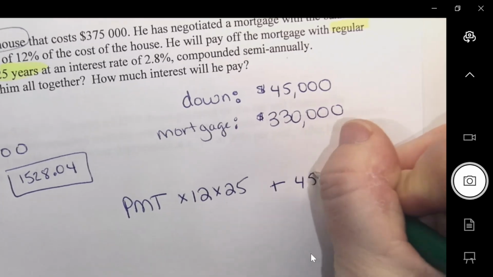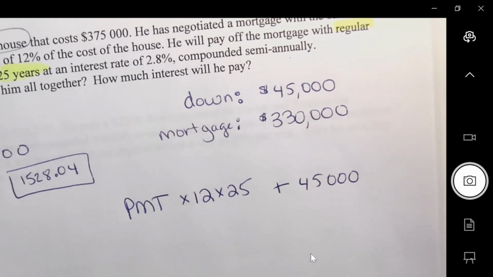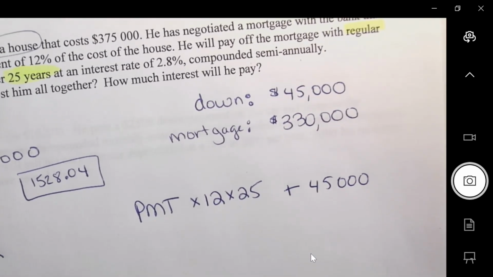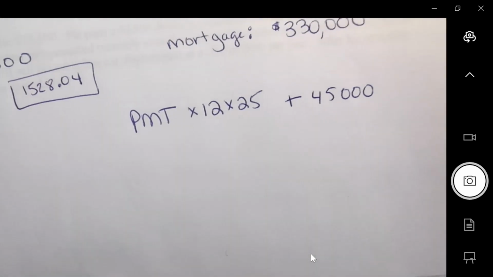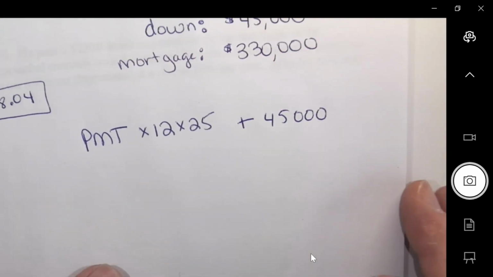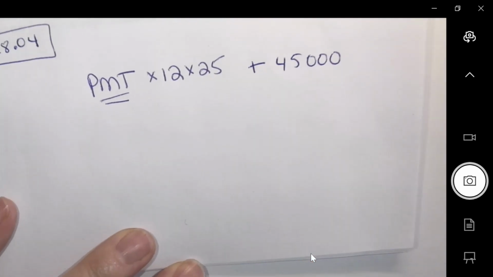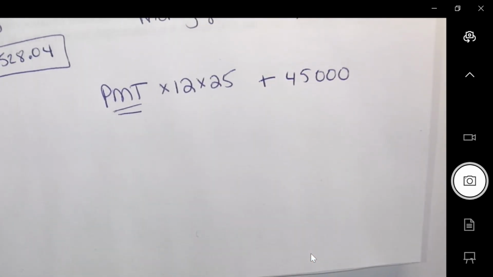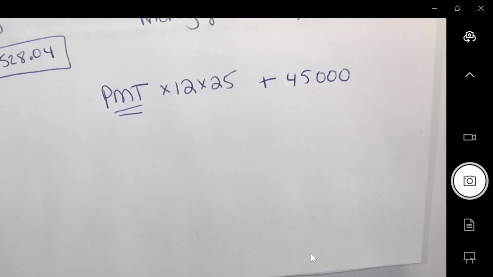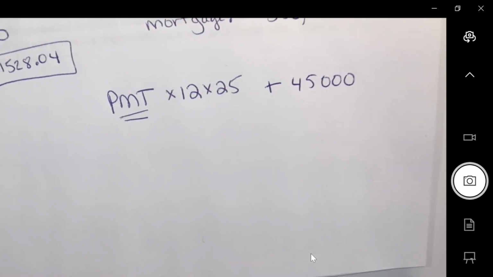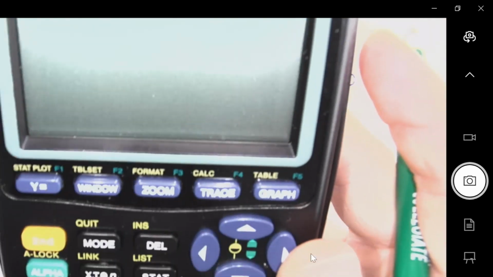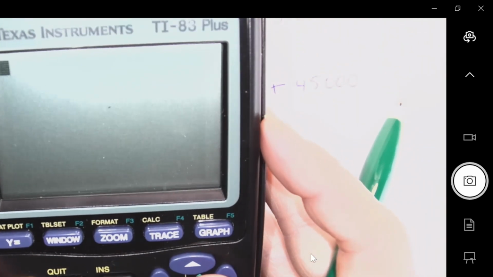And we can't forget, we also paid that 45 grand, right? So do you know how to put that on your home screen? Because I will deduct marks if you round it. So do we remember this feature?